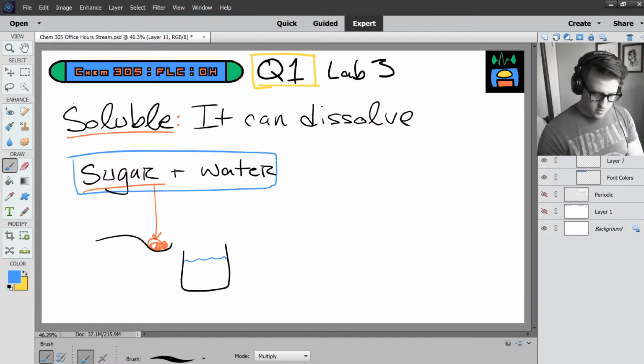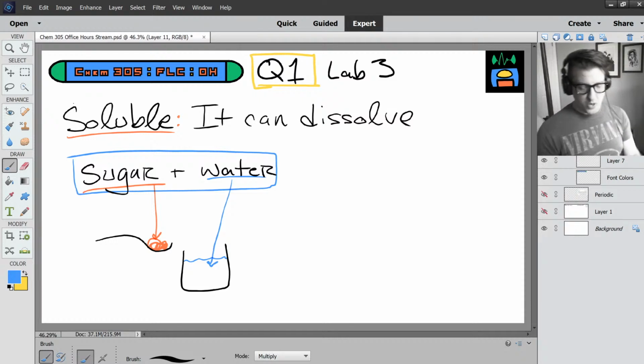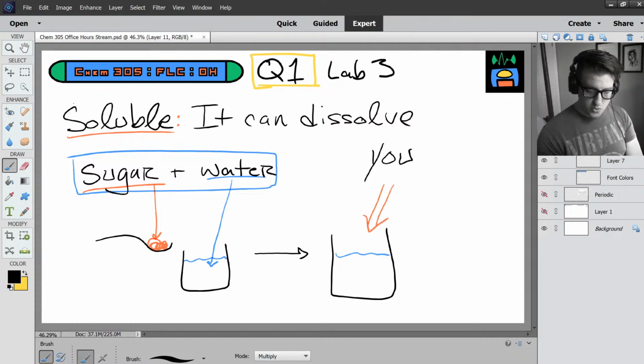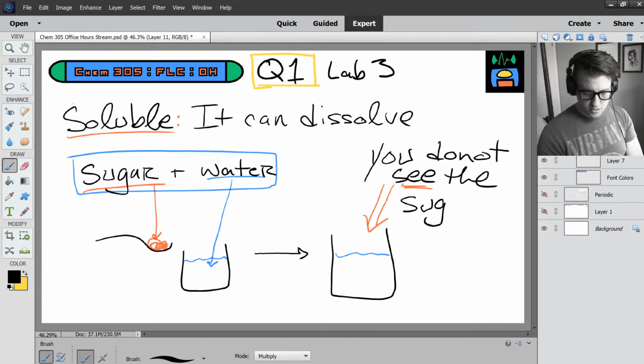Right, there's the sugar. Here's the water. When you dump the sugar into water, when it dissolves, what does the water look like? It just looks like water, right? You do not see the sugar because it is dissolved.